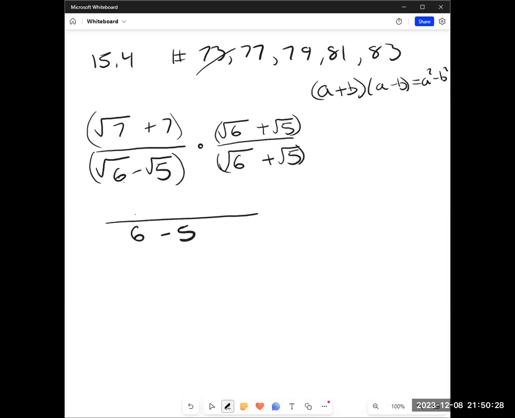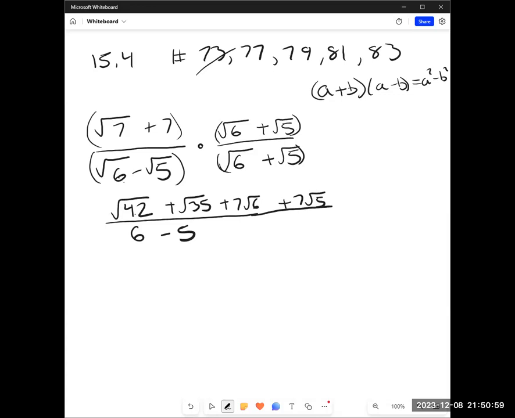In my numerator, 6 times 7 is 42. And 7 times 5 is 35. And then we have a 7 root 6, and we have a 7 root 5. 42 doesn't break down anymore. It's a 2, a 3, and a 7.